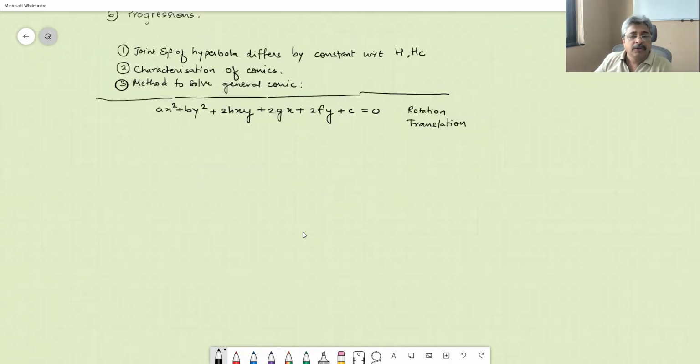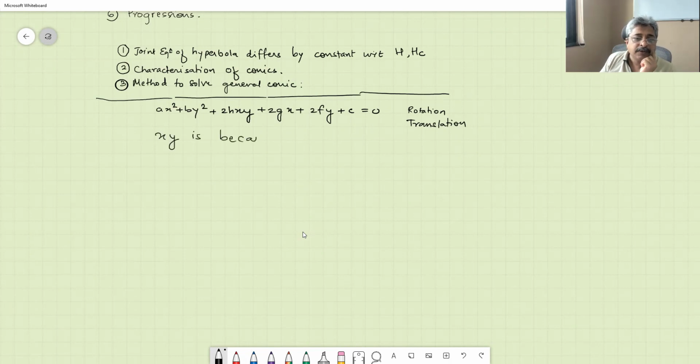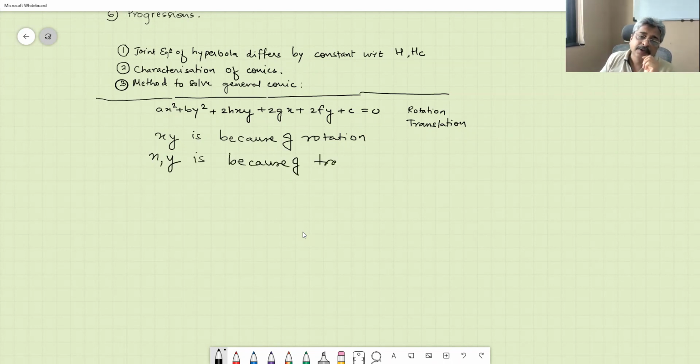Now, the xy term is because of rotation, and the x, y linear terms are because of translation.